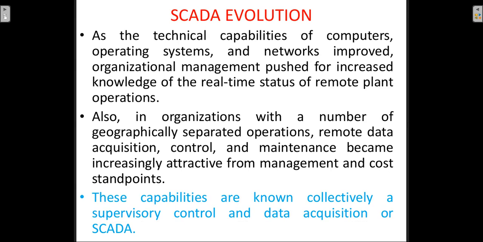As the technical capabilities of the computers, operating systems, and networks improved, the organization management pushed for increased knowledge of the real-time status of the plant operations. So this is very, very important: the real-time status of the plant operations. How would you get the real-time status? You should have sufficient infrastructure to do that. At the same time, the communication channel should be available.